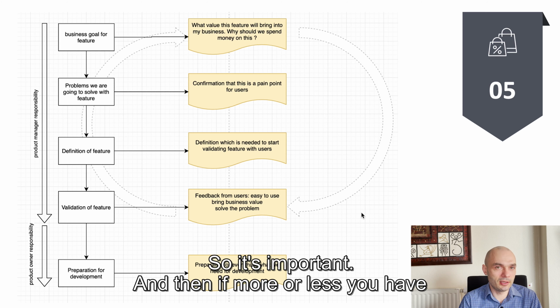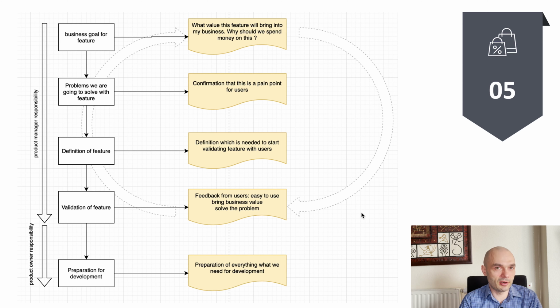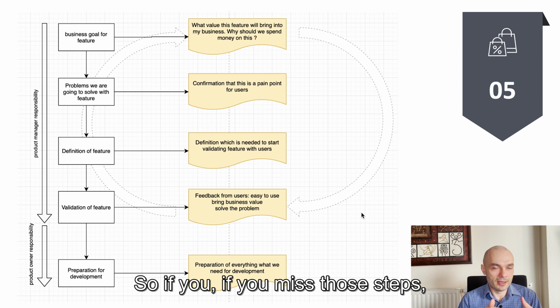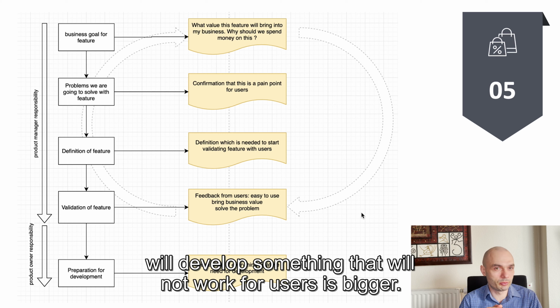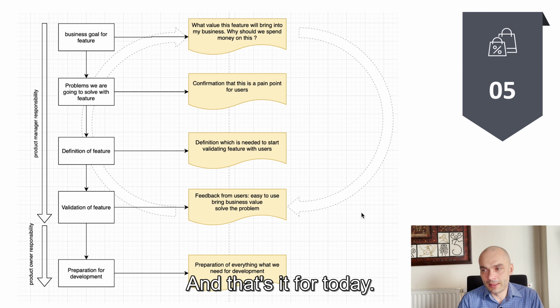And then if you more or less have confirmation and data which shows you that it's worth investing some money in development of the feature, you should start preparation. If you miss those steps, then the probability that your team will develop something which will not work for users is bigger, and it's good to minimize that, because you will just save money and time. And that's it for today.